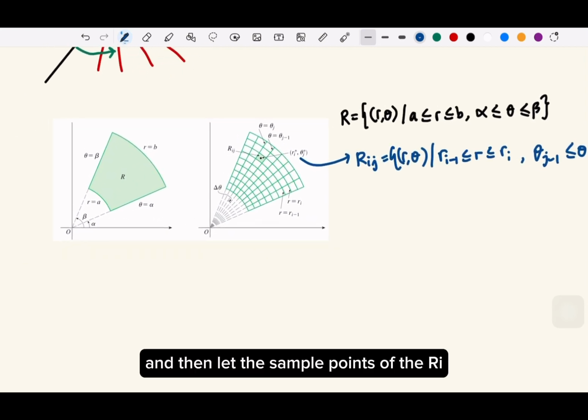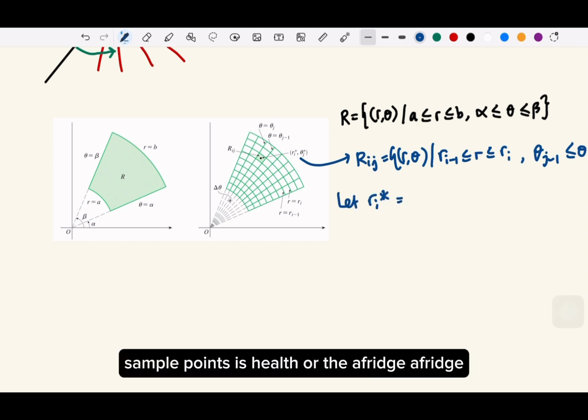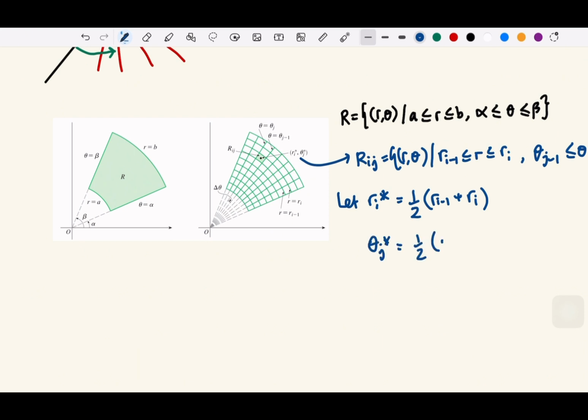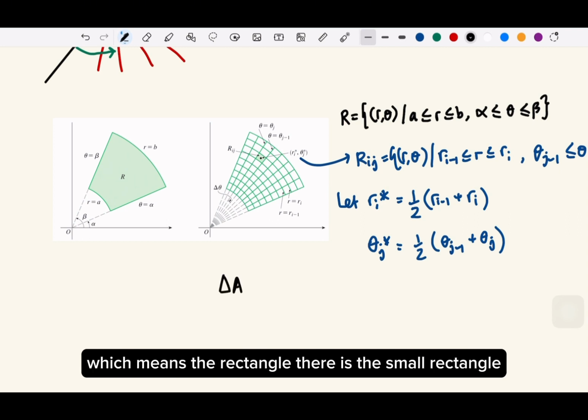And then let the sample point ri be half, or the average, of these two, and theta j also the average. And then we are going to evaluate delta A, which means the small rectangle.